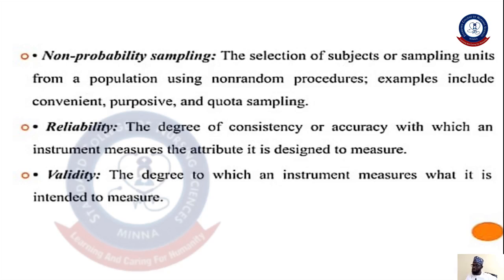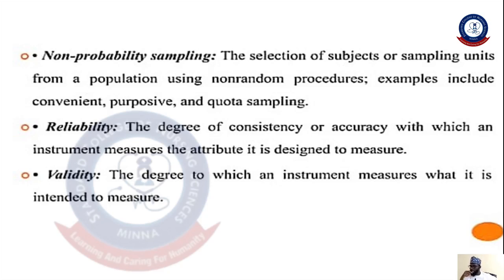For example, you want to measure the temperature, the blood pressure, the height. So the instrument you are using, how reliable is it in giving you the designed measure? That thing you want to use to know what you are studying, is it giving you what you are supposed to get or expected to get?